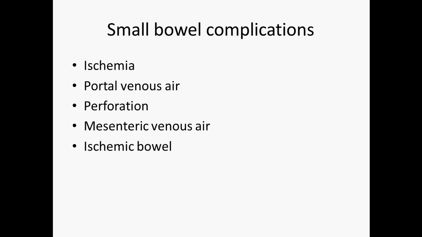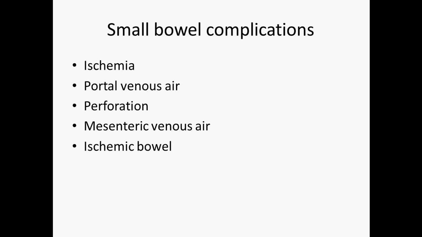Some of the complications that can happen with these small bowel obstructions are ischemia. If you have the bowel that is overly distended or overly inflamed, you can lose blood supply. Portal venous air is a situation that you want to worry about.